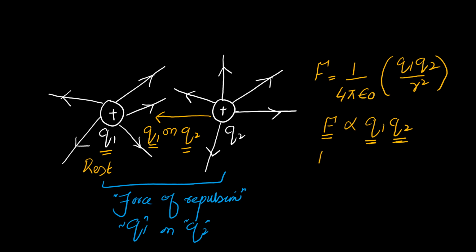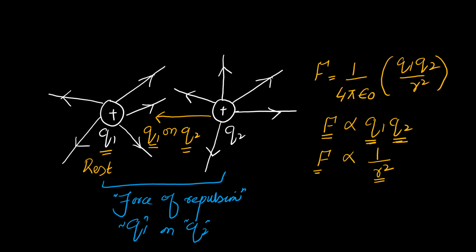Similarly, for force of attraction or repulsion, here we are using two positive charges. So the force of repulsion will be inversely proportional to r square, which means that the electric field lines from a charge depend on the distance between the charges.